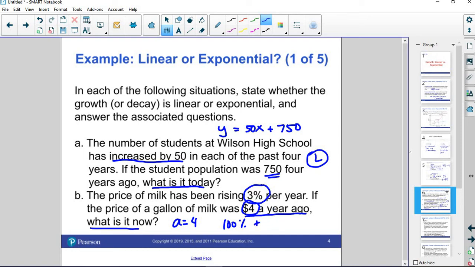So we have to take that 100% and that 3%, and that gives us 103% increase. In other words, we multiply by 1.03. B is 1.03. And so we get y equals 4 times 1.03 to the x power.